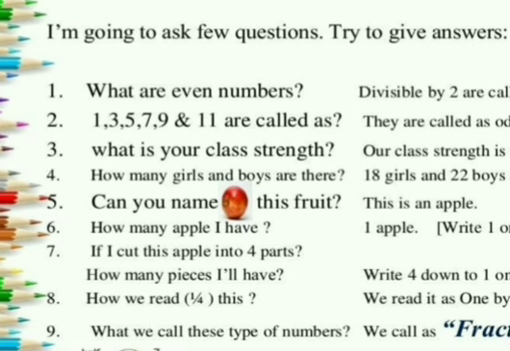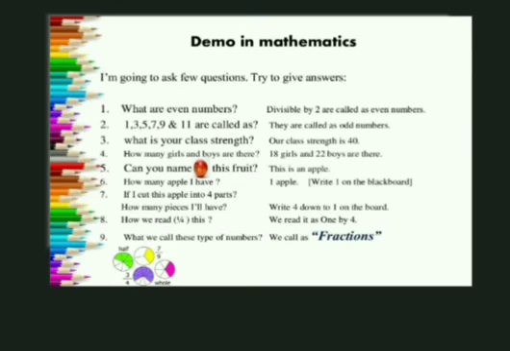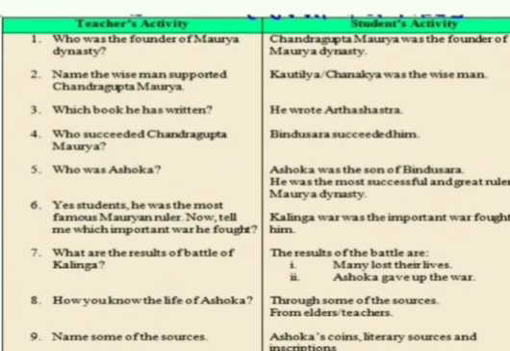This way also we can start or introduce a lesson, after making students think about the topic. Similarly, in social sciences, you can again make a sequence of questions. You can even start with some images of the famous founder of the Mauryan dynasty.